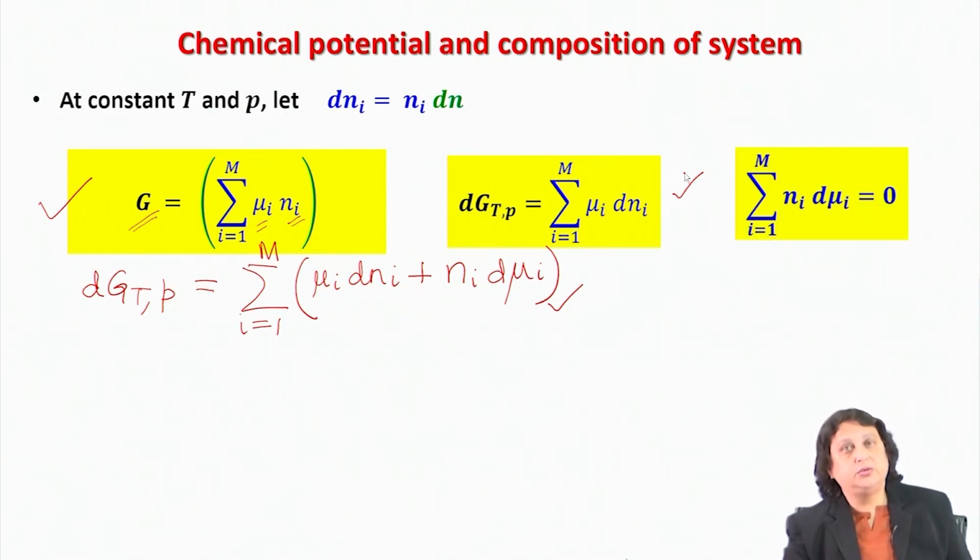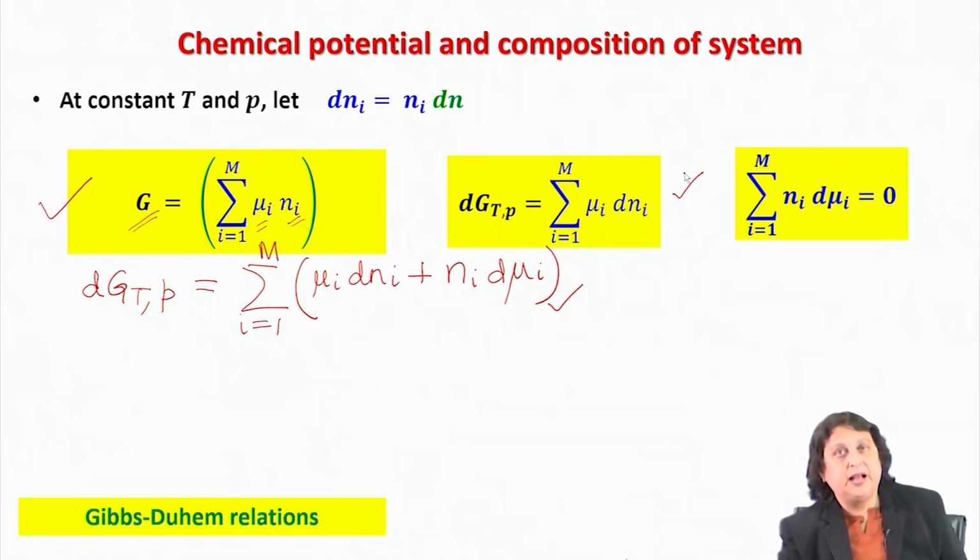My immediate conclusion would be that Ni d mu i, when summed over all i values, must be equal to 0. And these three equations together give us the different forms in which you connect the composition of the system to the chemical potential. And these are collectively known as the Gibbs-Duhem relation.